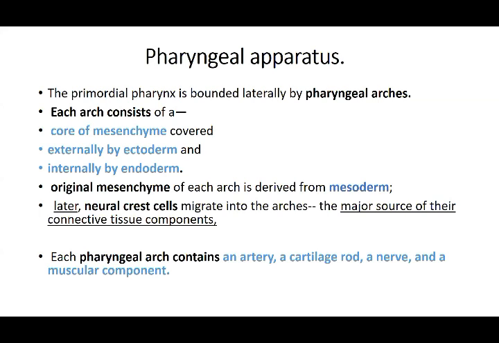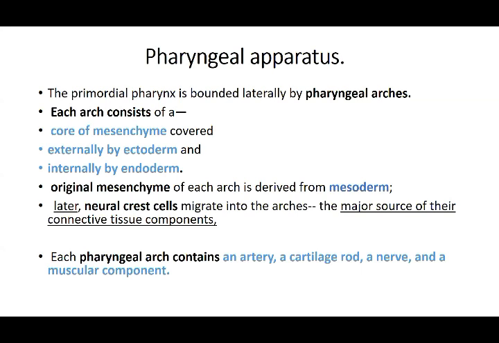The apparatus consists of a core of mesenchyme. That is, we are talking about the pharyngeal arches. The pharyngeal arches have a core of mesenchyme, that is mesoderm, covered externally by the ectoderm and internally by the endoderm. This is again the trilaminar structure.